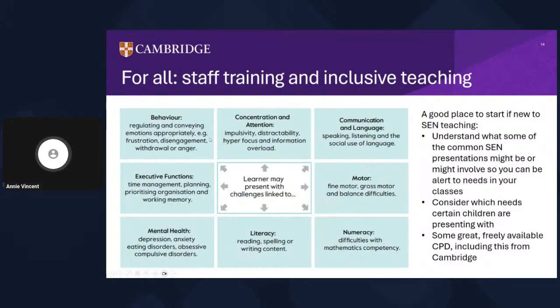So if I can tackle that behaviour regulation, I might also benefit the concentration and attention span as well. And we know that these things are intrinsically linked, but sometimes we just don't take the time to see that holistic picture. Sometimes we just focus on the one thing, and stepping back a little bit and taking some time. And that's the key thing.